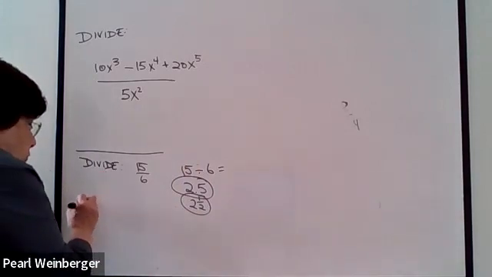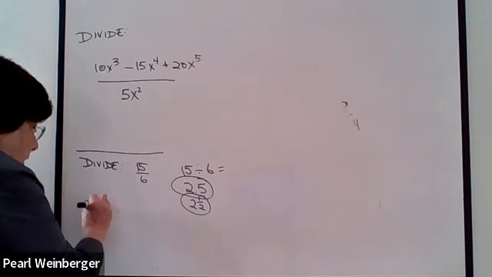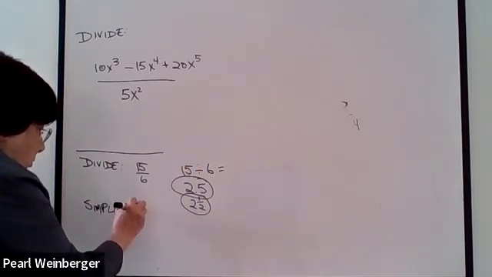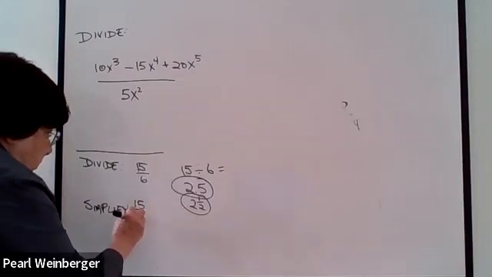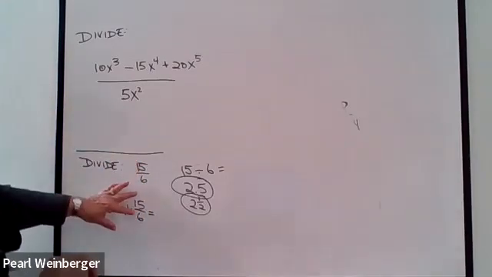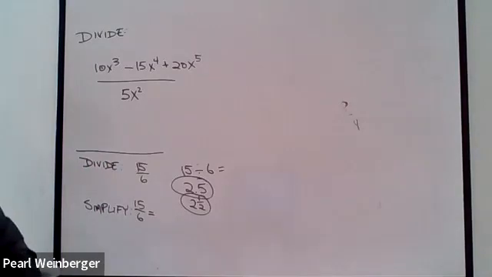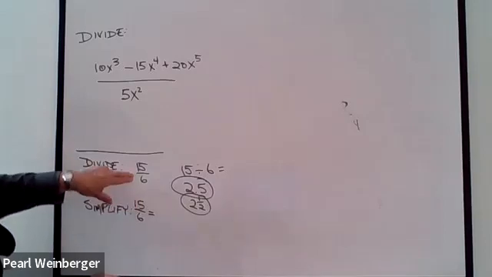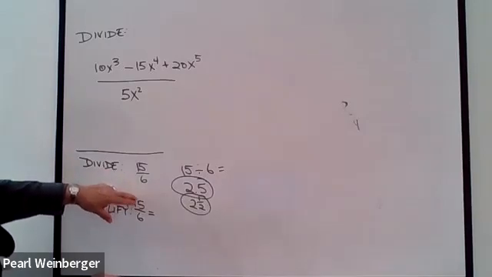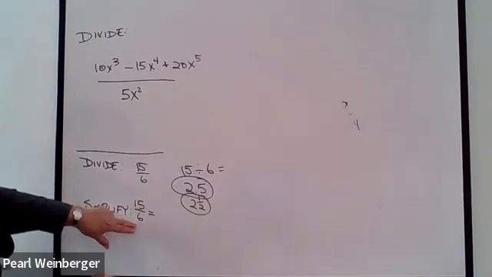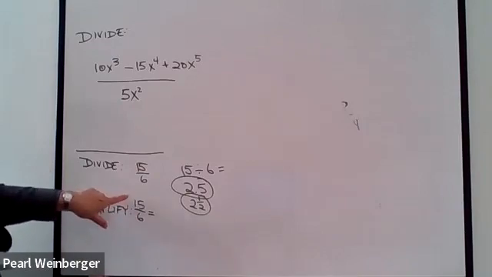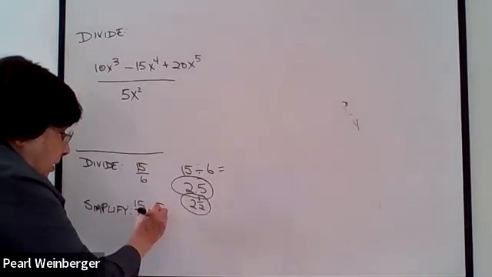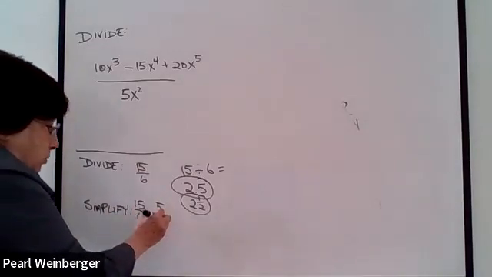If I would have told you to simplify 15 over 6, that would mean to reduce the fraction, which means find the greatest common factor of both the numerator and denominator. Obviously that's 3, because 15 divided by 3 is 5 and 6 divided by 3 is 2.